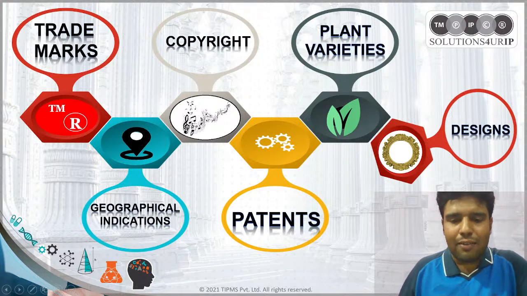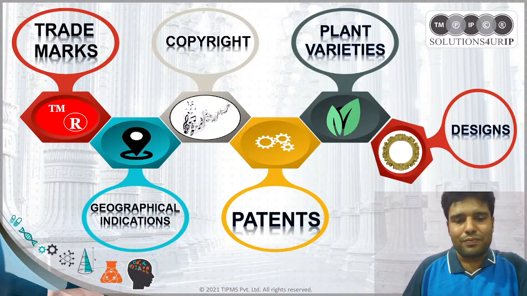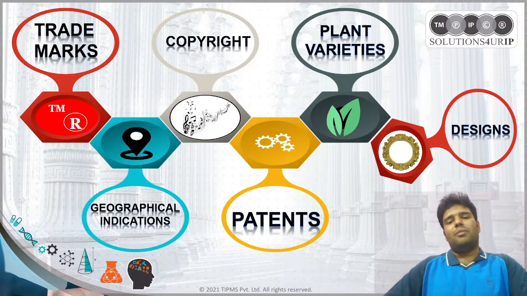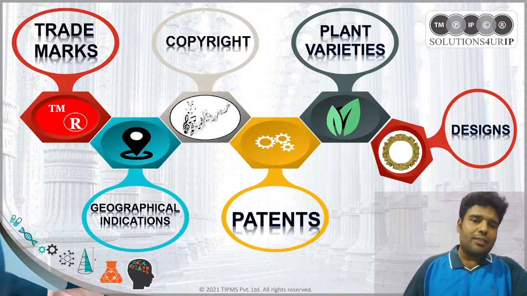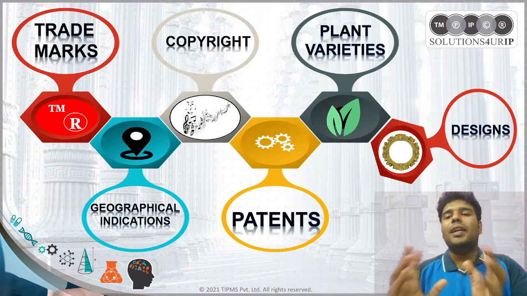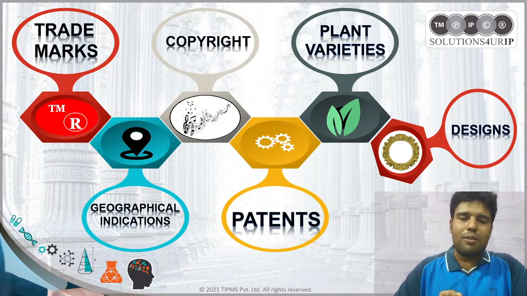Each and everything has its own separate, mutually exclusive subject matter. And registration of intellectual properties in the form of patents, copyrights, trademarks, or designs, or any one of those, is based upon the underlying subject matter for which you are seeking that intellectual property right.